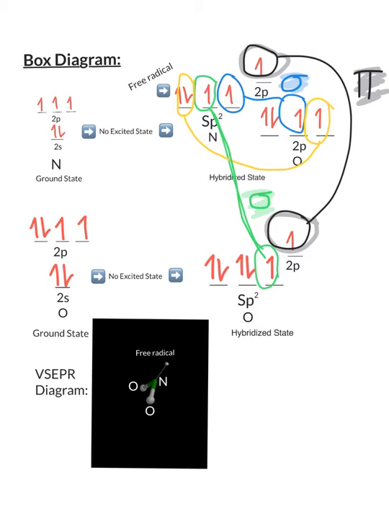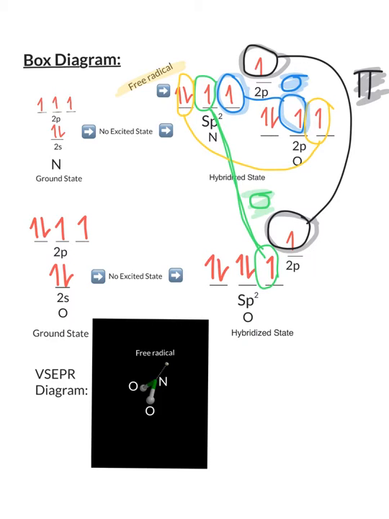It's basically just a simple nitrogen and oxygen bond. And then lastly, in the yellow is what is going to give us our free radical. And it is ultimately what provides the nitrogen with a lone electron.